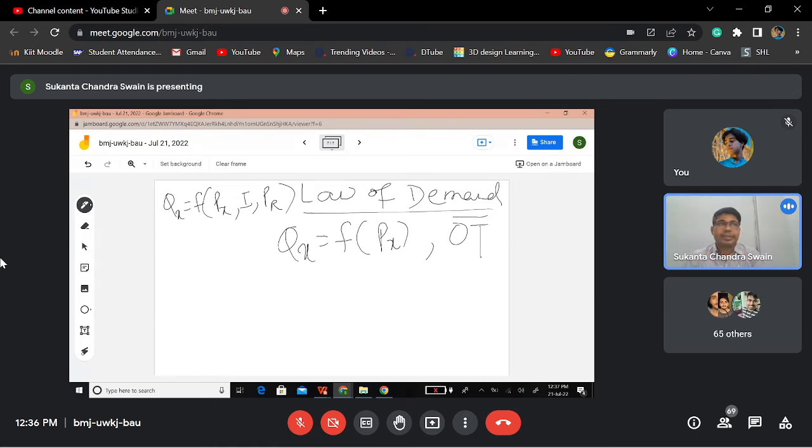Anybody wants to tell something? Yes, sir. So here you have written Qx, that is the quantity of demand. So the function is of Px is called. Which one? Px. Okay, Px. Qx is demand, quantity demanded for X, is a function of Px. Px means price of the commodity X. The commodity we are considering is X commodity.